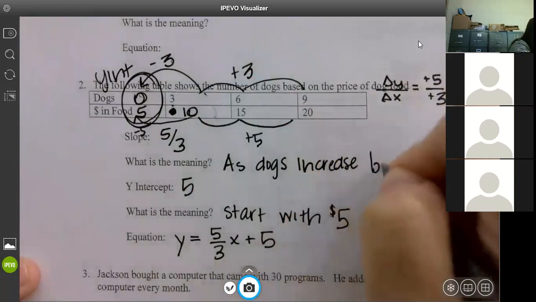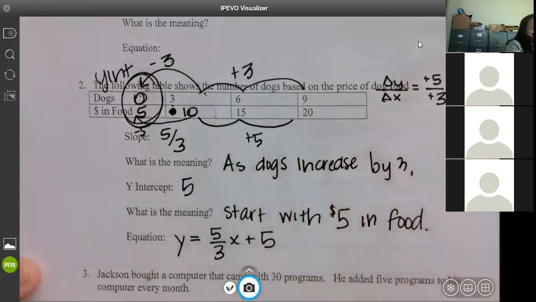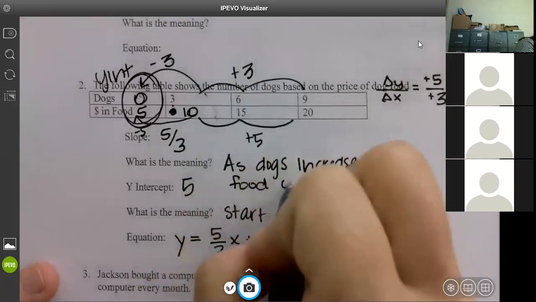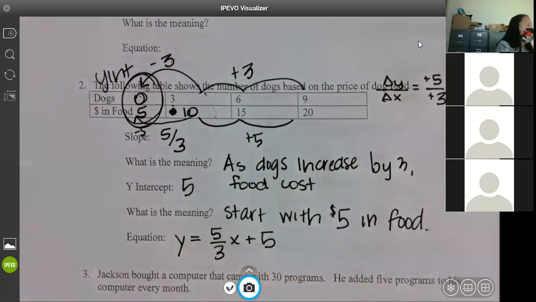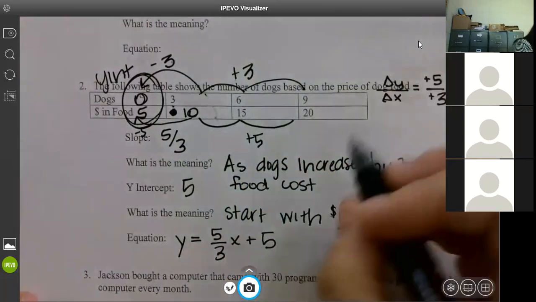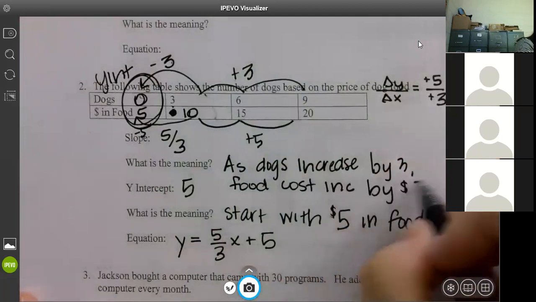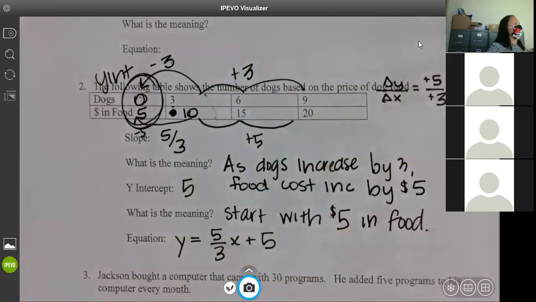Because it's going up. Food cost, because that's your y, does what? What does the bottom do? Increases by $5. You could also put for every 3 dogs, price increases by 5.